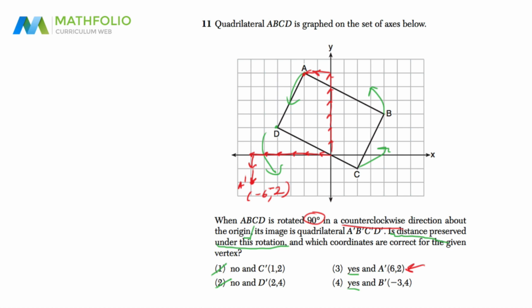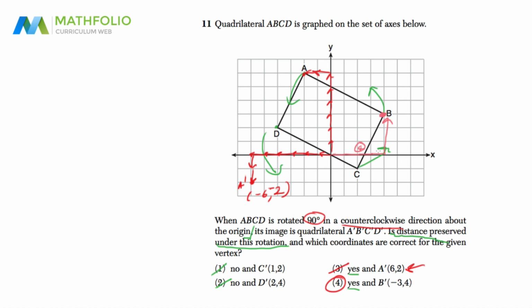So that is not what this says. So this is trying to trick us. Maybe that's the coordinate when it goes clockwise, but it does tell us counter. So it's not this. So 4 must be our answer, but let's just double check. Go ahead, change to a pink. And let's see, B prime is right here. Well, B is there. So this is 1, 2, 3, 4 over and 3 up.